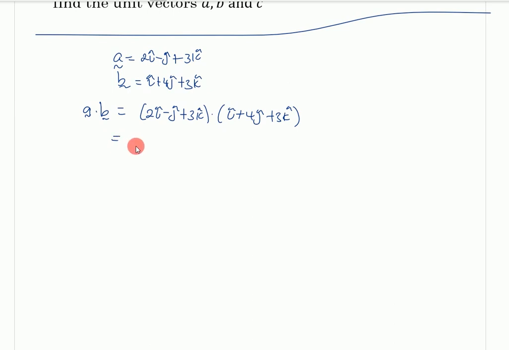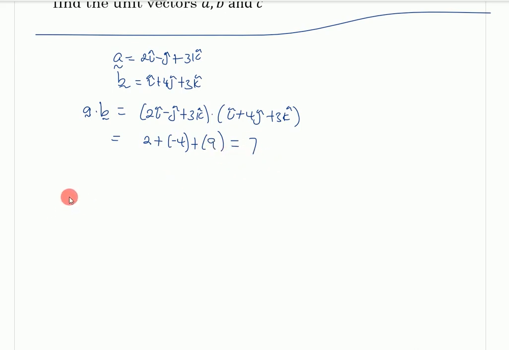And as we saw, you just multiply those which correspond. So for the i's, you have 2, plus the j's, negative 4, plus the k's, that one is 9. When you work out everything, you get 7, because 11 minus 4 is 7.